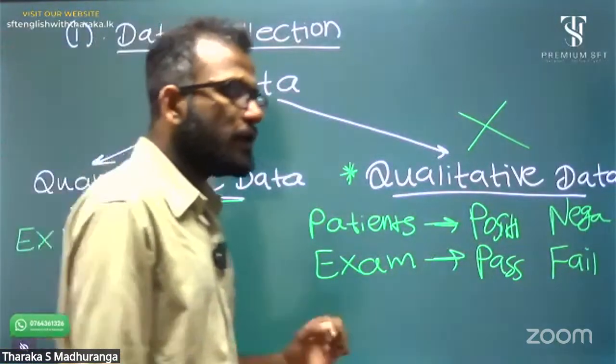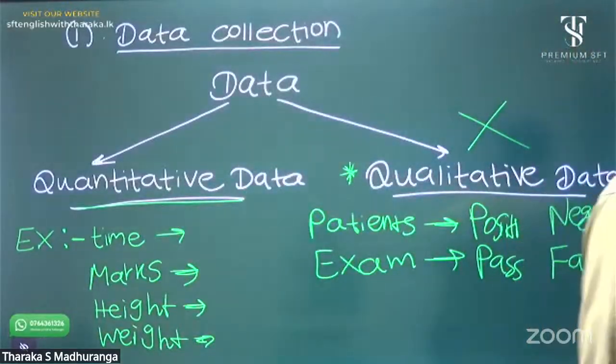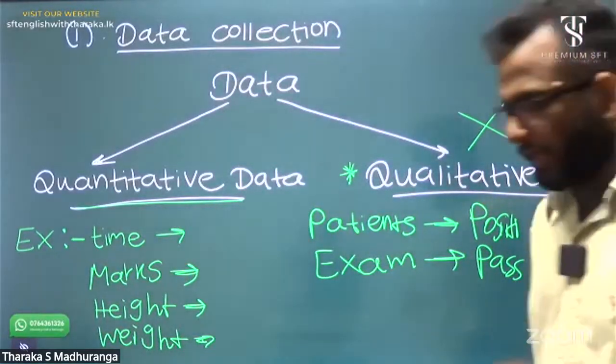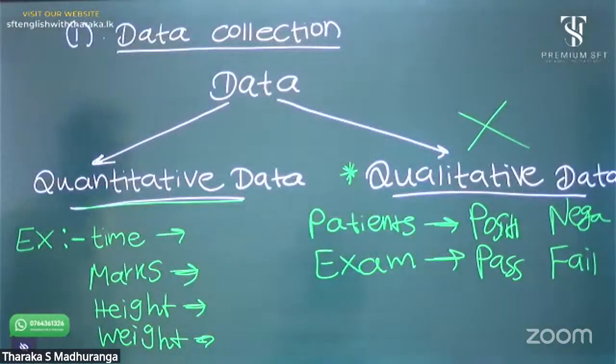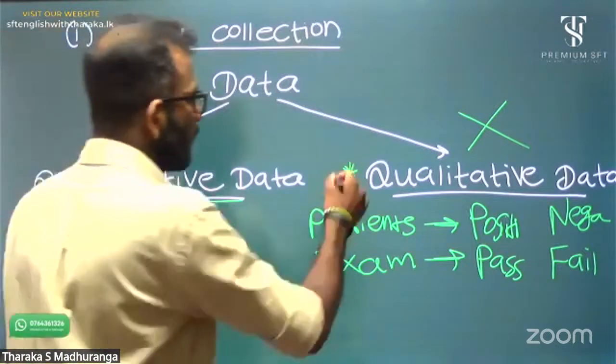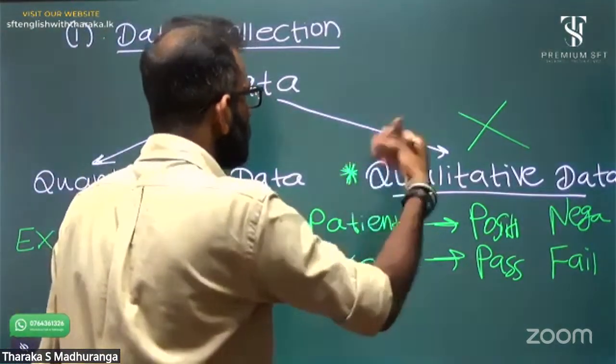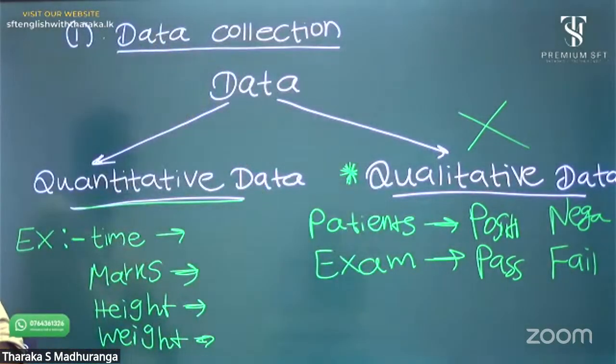Okay, write down: any data collected as characteristics is called qualitative data.